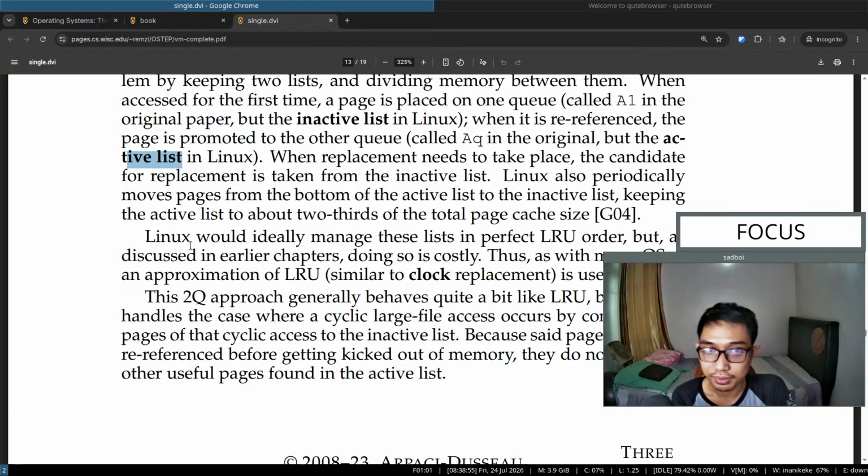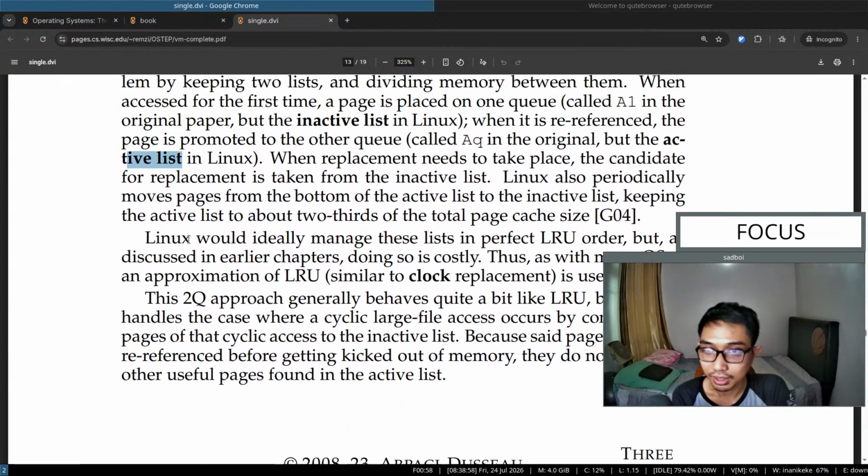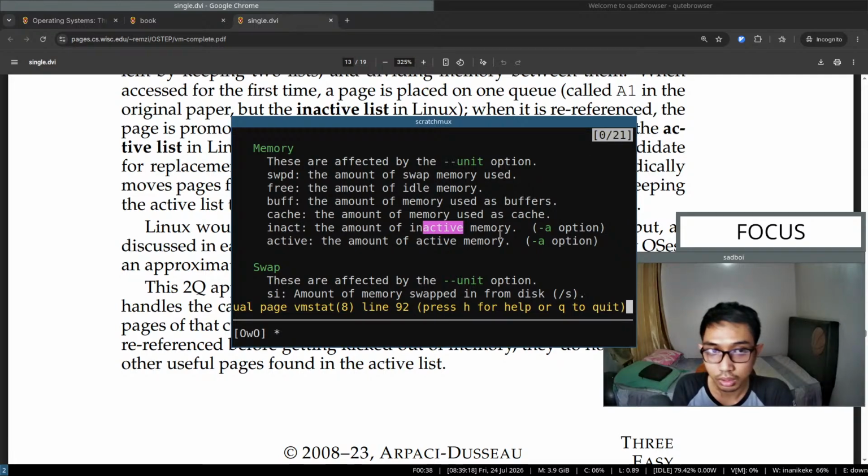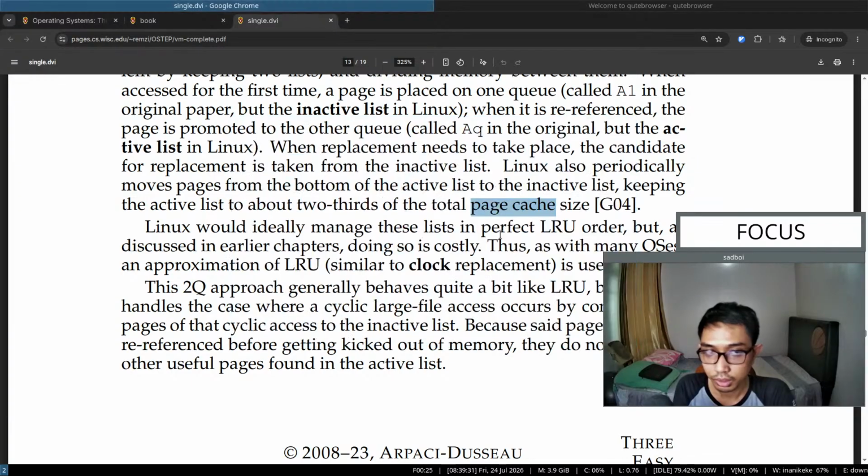Yeah, let's continue first. There's a lot that I'm still not sure about. 2/3 of the total page size, page cache size, or maybe it is just the page cache, not the amount of memory used. Yeah, I'm still not sure.